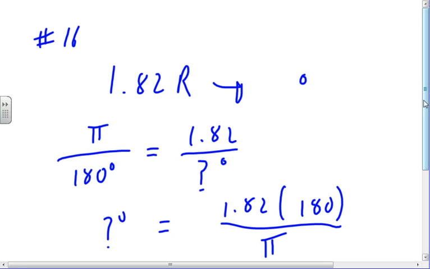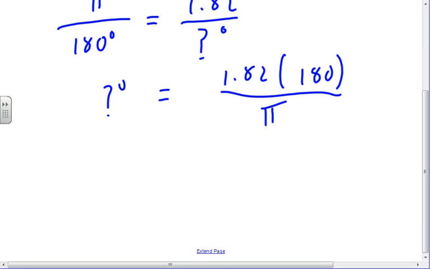And in this case, we want to get rid of the pi. 1.82 times 180 divided by pi, 104 degrees. All right, we'll do 22.